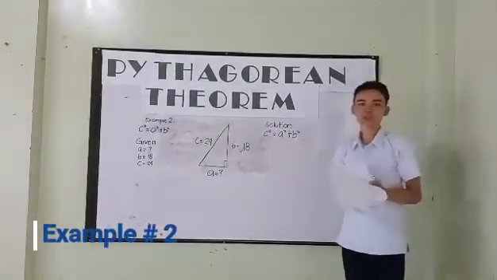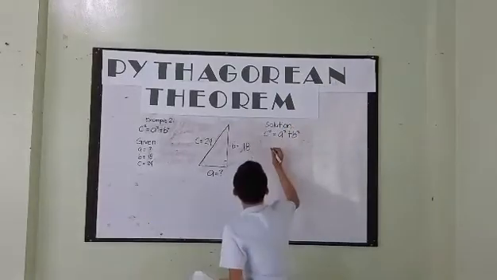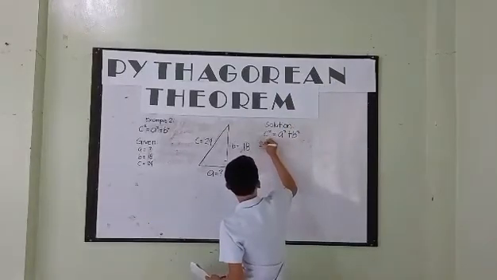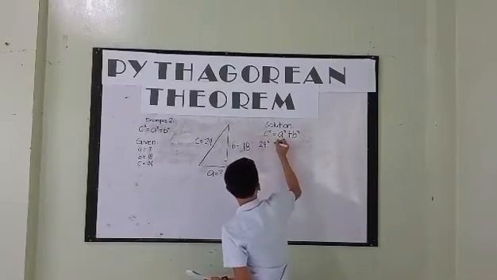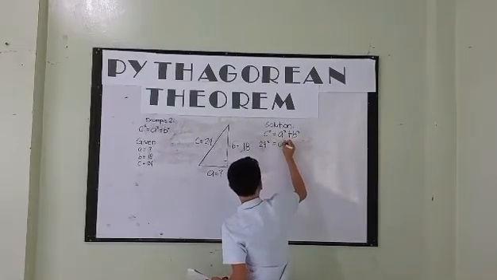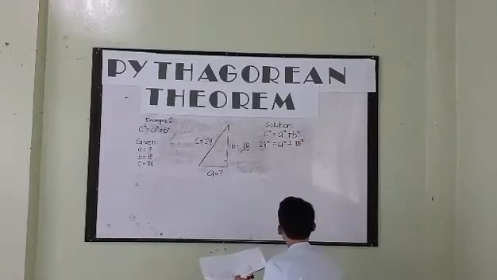So what we need to do, using the formula of the Pythagorean theorem, is we have 24 squared, since c is equal to 24, and copy the a squared, plus 18 squared, since our b is equal to 18.